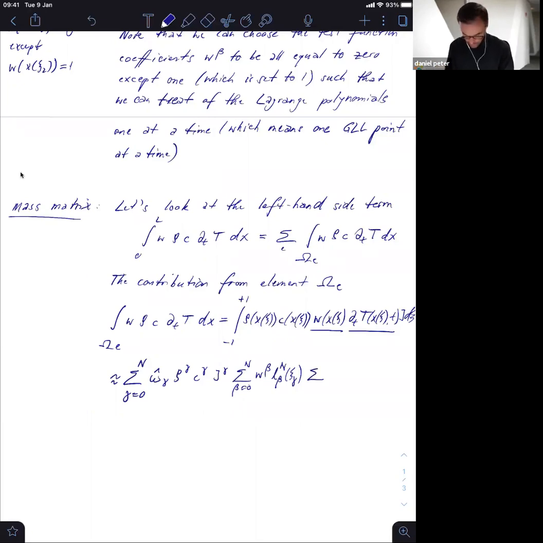And then we have the function expansion for the temperature, where we have the time derivative of the temperature coefficients T alpha times the Lagrange polynomial alpha evaluated as well at psi gamma.